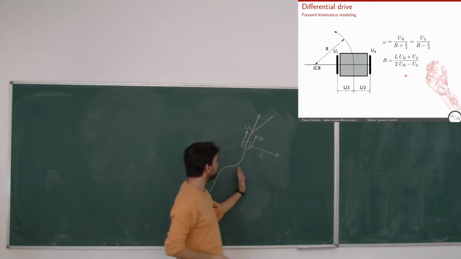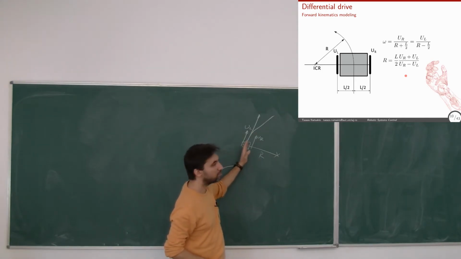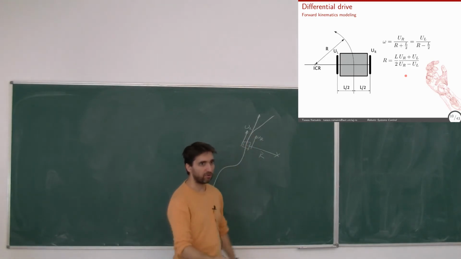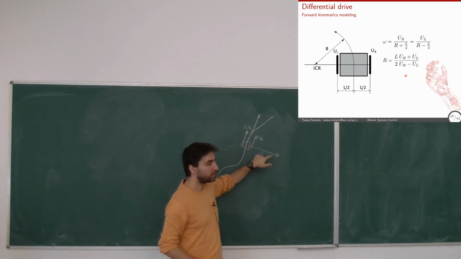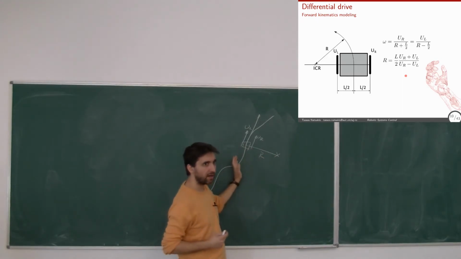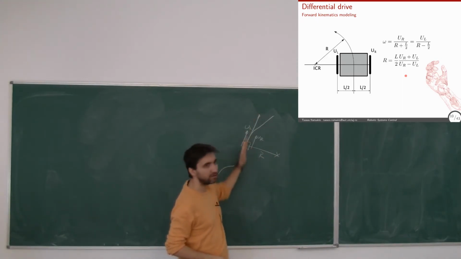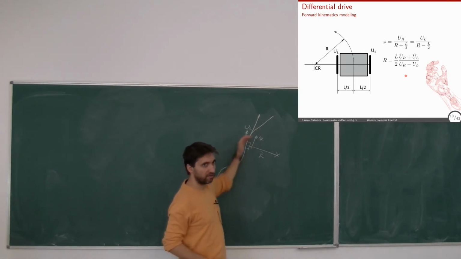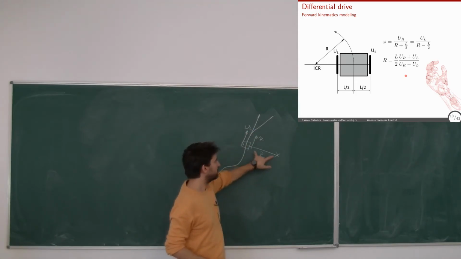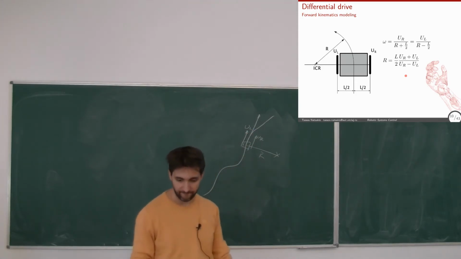So I can do this slow, or I can do it fast. So I have more flexibility there. I have determined this, but without changing this, I can change something else of my robot, the linear velocity, or you can think of it the angular velocity, without changing the R.